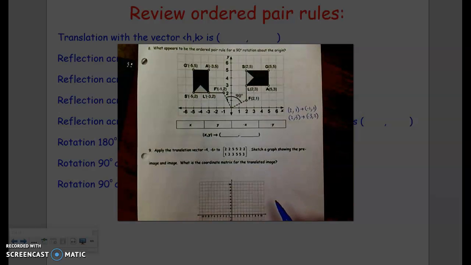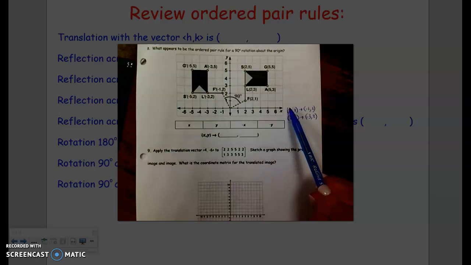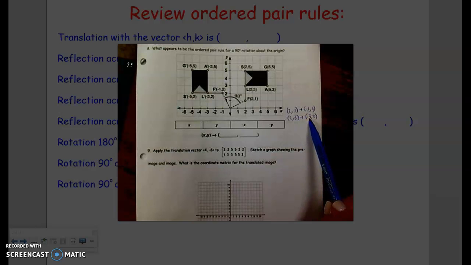Can you tell what's happening to the coordinates? First of all, do you see that the 2 in the X spot ended up in the Y spot? The Y of 1 didn't only go into the X's spot, but it changed signs when it switched. Same with (2, 3). The X went to the Y, and the Y went to the X, but changed signs.